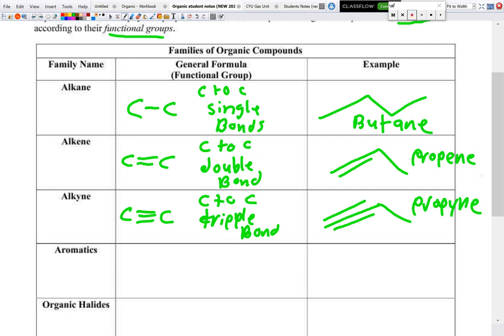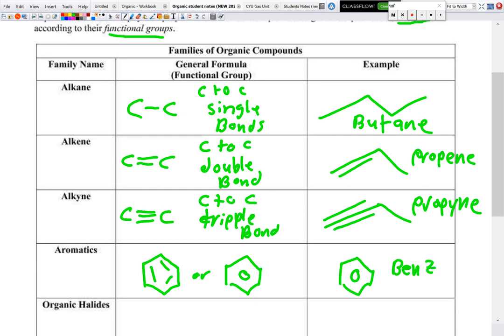So we've seen all these here, and then of course our last ones, our aromatics. We've seen something like that, so our benzene, or like that, it doesn't matter. And our example, well, obviously, benzene. So those were all of our just normal hydrocarbons.